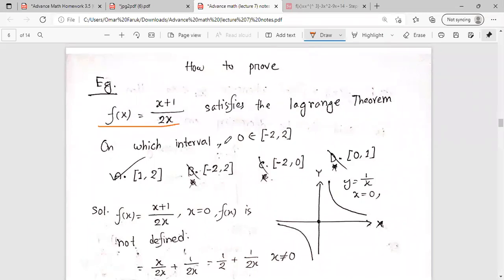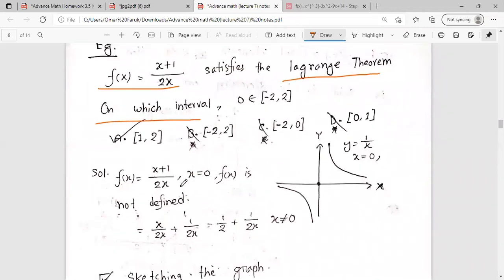So we have a function y = f(x) equal to (x plus 1) over 2x. This satisfies the Lagrange theorem on which interval? At x equal to 0, f(x) is not defined, because the denominator cannot be 0.